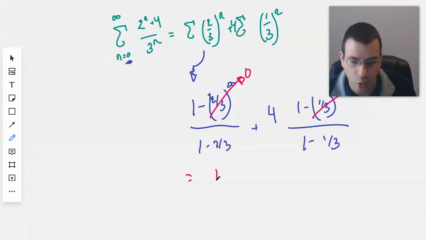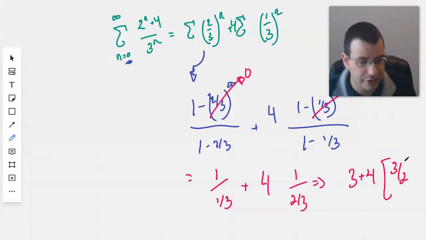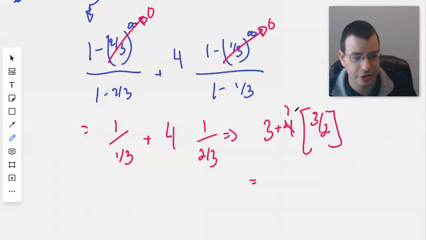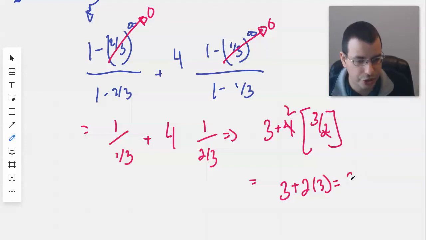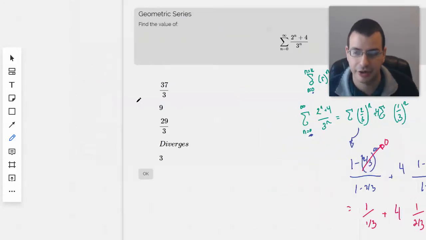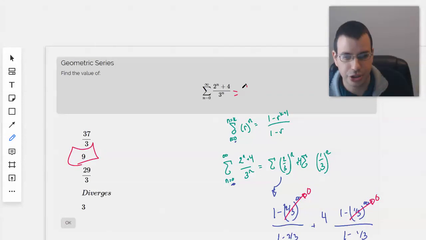And we have 1 over 1/3, since 1 minus 2/3 is 1/3, plus 4 times 1 over 2/3. This gives us 3 plus 4 times 3/2, which equals 3 plus 2 times 3, which equals 3 plus 6, which equals 9. So the summation of all this is 9.